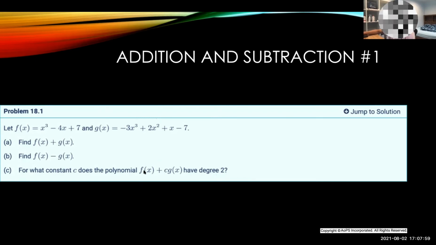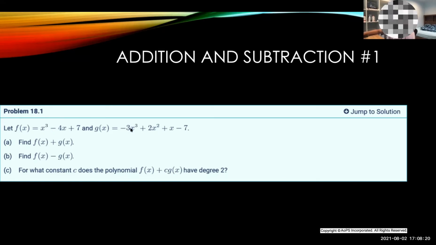So we have to cancel out the x to the power of 3s. So x to the power of 3 plus negative 3x to the power of 3 would give us negative 2x to the power of 3.